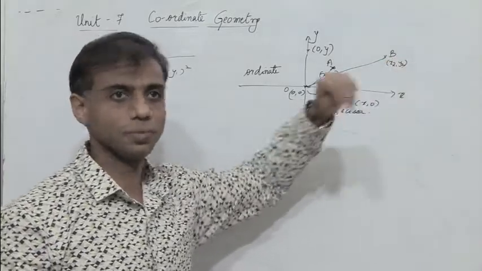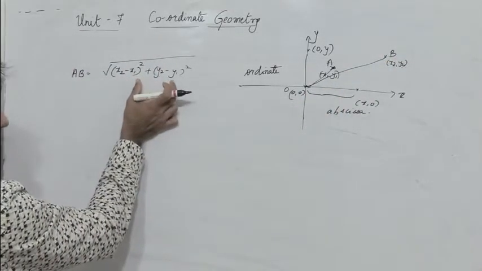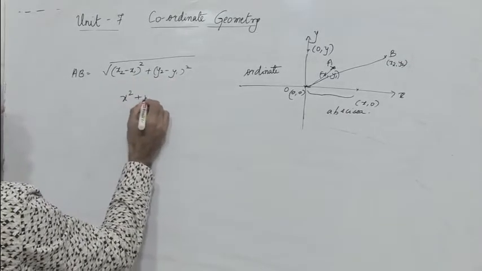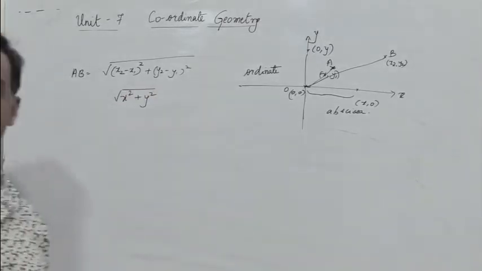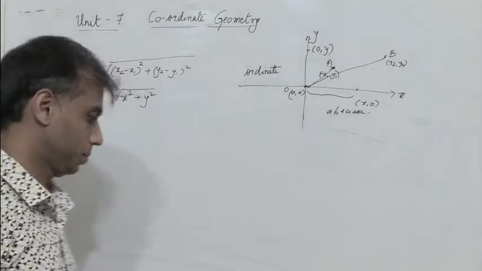So if one of the points is 0, 0, then it's just the square root of x square plus y square. Using this result, we will solve all the problems given in exercise 7.1.